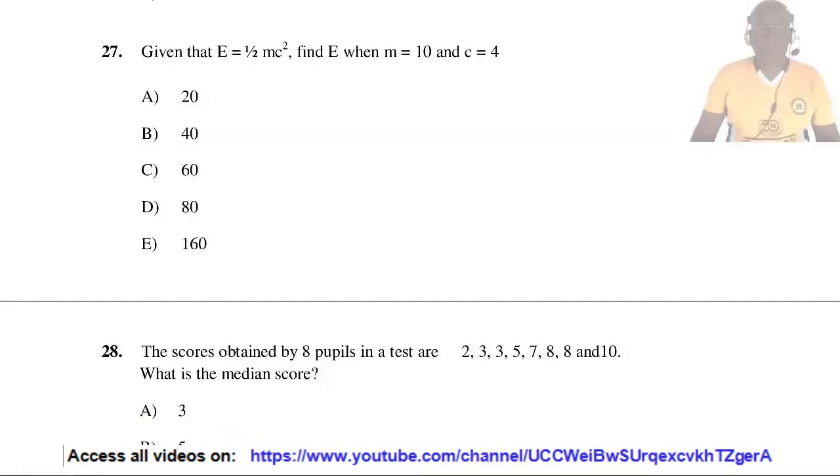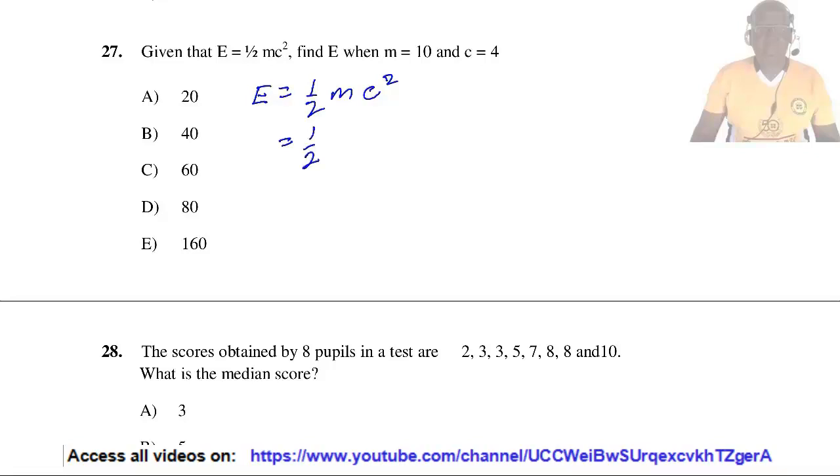Question 27. Given that E equals half MC squared, find E when M equals 10 and C equals 4. We shall substitute M and C into the equation.